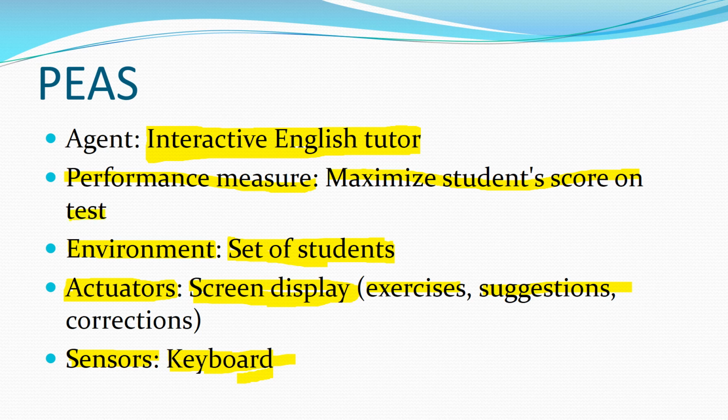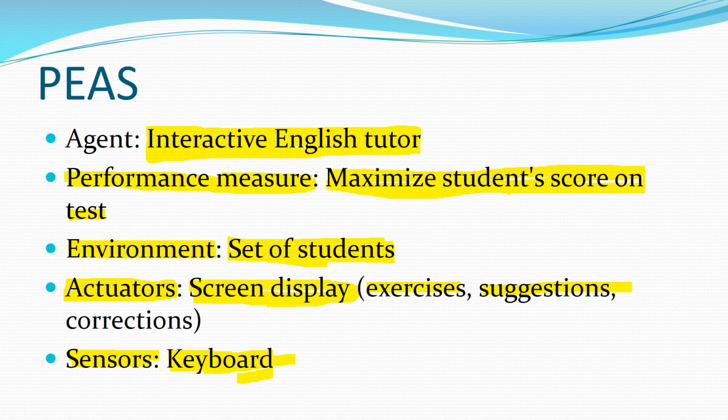That defines the quality of the English tutor, because if the student scores maximum in the test, then it understood the concepts of English well. So if the student scores well in your examination, then you can say the agent has performed well. This is one of the important performance measures.